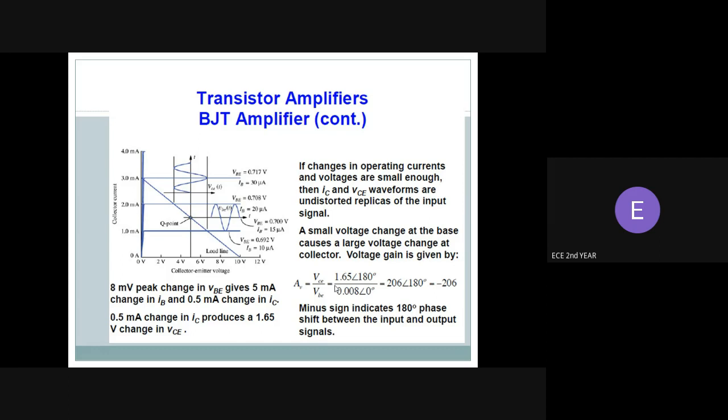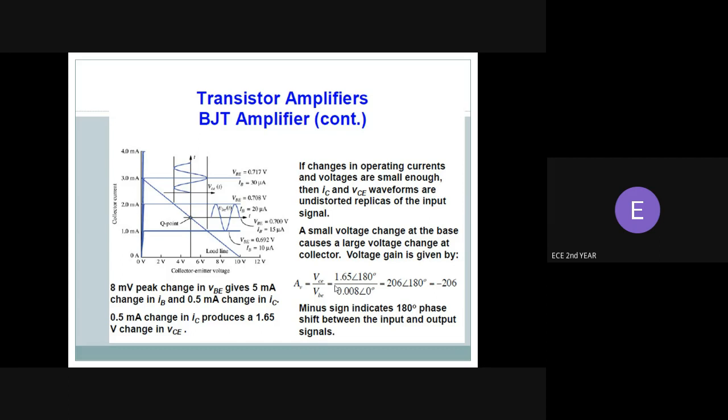The voltage gain is noted as AV equal to VC by VBE, 1.65 in magnitude and 180 degrees in angle. VBE is 0.008 at 0 degrees, giving a gain of minus 206. The minus sign indicates the phase shift between the input and output.